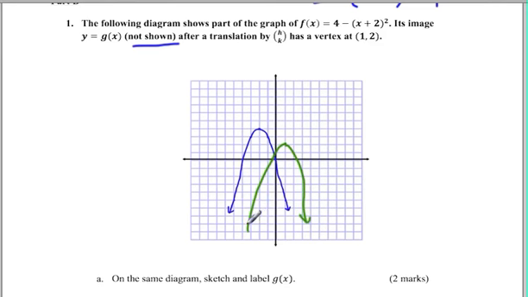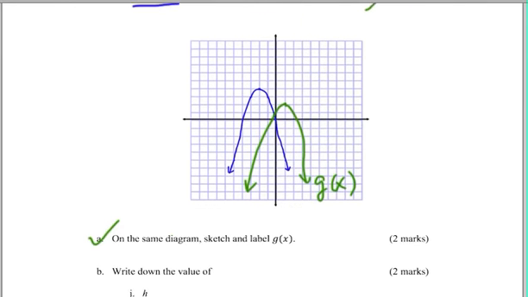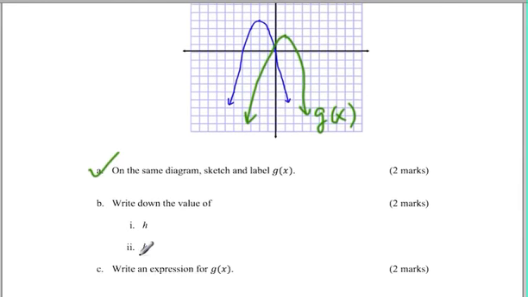It's going to look pretty much like the blue one, except it has a vertex of 1, 2. So this right here is our g of x. Okay, so we're done with this one.